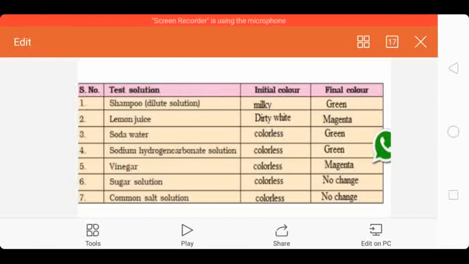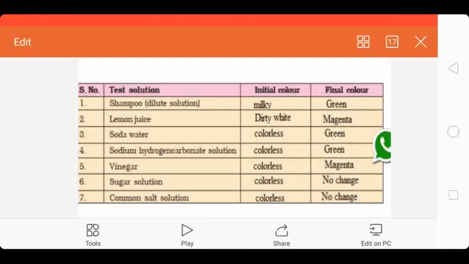Vinegar, as I told you already, is an acidic substance, and at the initial stage it is colorless, but when we add China rose indicator, it will become magenta. That means it is an acidic substance. Then next one is sugar solution. Sugar solution is a neutral substance, so it is colorless at the initial stage, and there will be no change when we add China rose indicator, because it is a neutral substance.